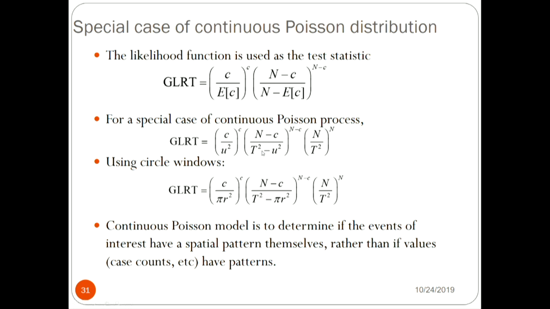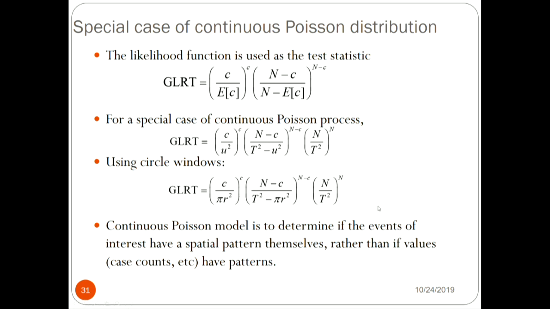For a rectangular region, it could be the unit square, and the study area could be just the square of the size of the moving window. We can also use a circle window. Even if the study region is rectangular, the moving window could be a circle, or a sequence of circles.